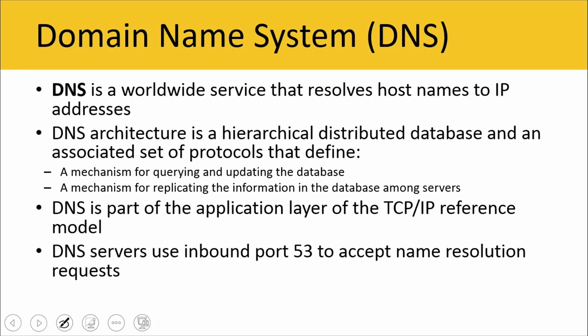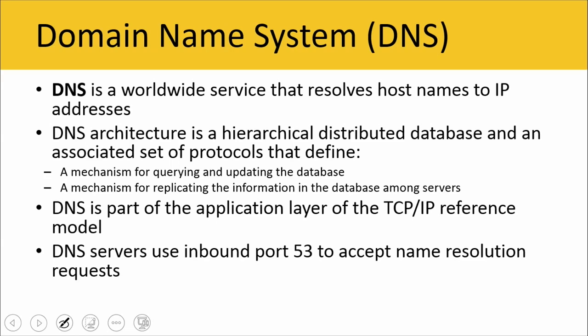It's a worldwide service. Domain Name System is just a worldwide service that resolves host names to IP addresses. So if we have www.bing.com, we can go ahead and resolve that to an IP address, and vice versa, right? It does translation.